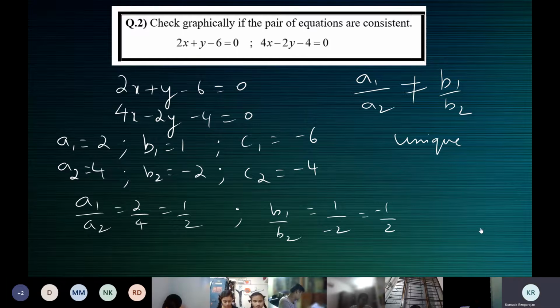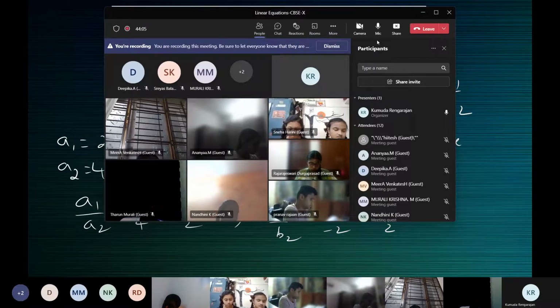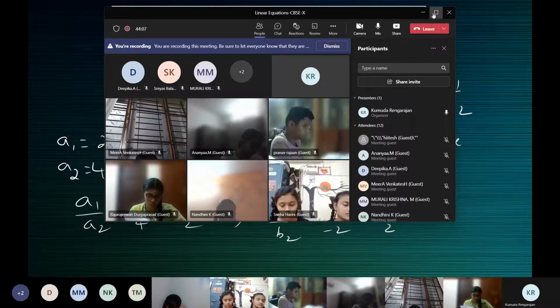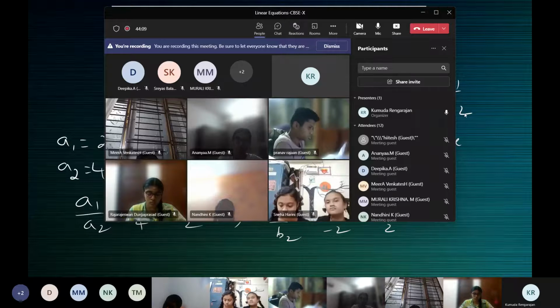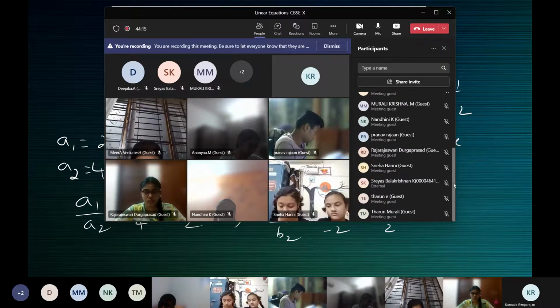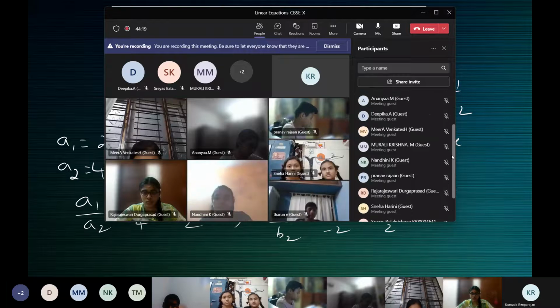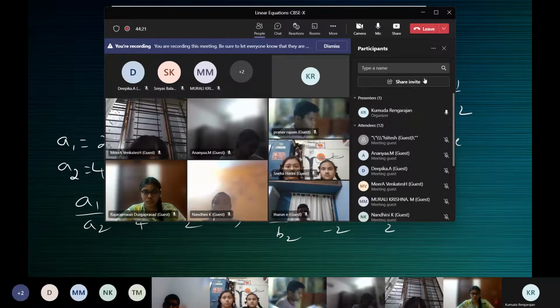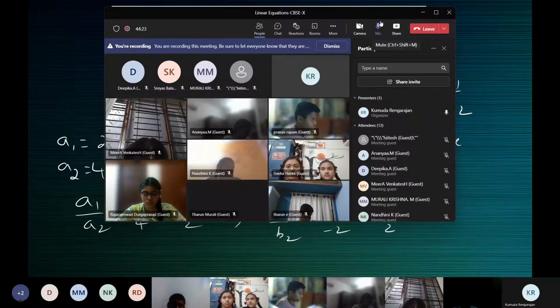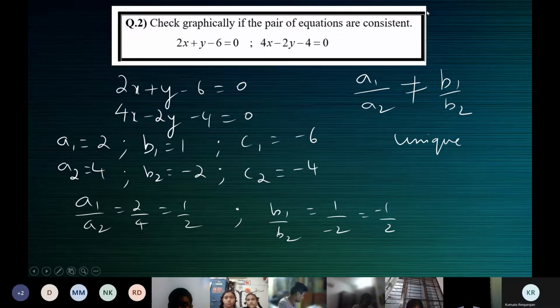Introduction, some second or third page it should be.